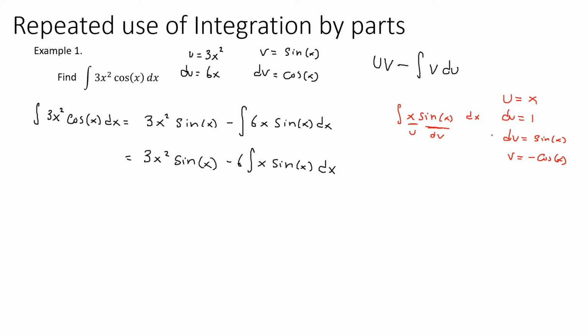So we could say that u times v is negative x times cosine, minus the integral of v du, so that would be positive because of the double negative of cosine. So let's substitute it back in, since we know that the integral of x times sine of x will equal this.